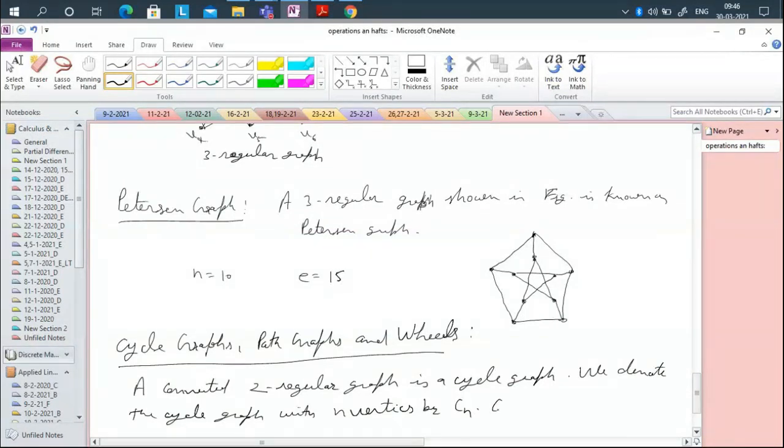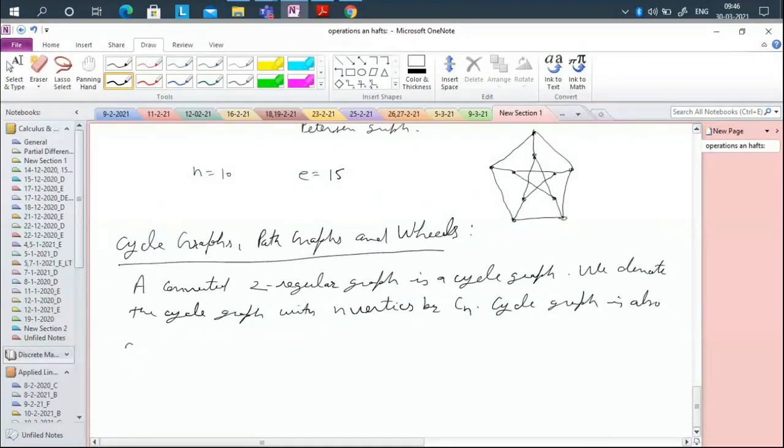The cycle graph is also called the circuit graph.